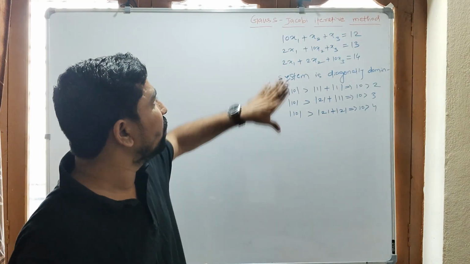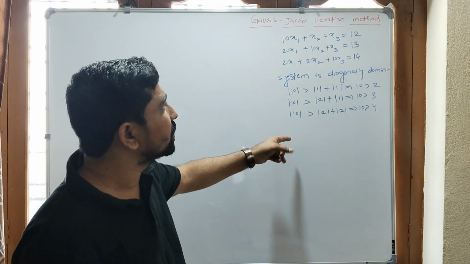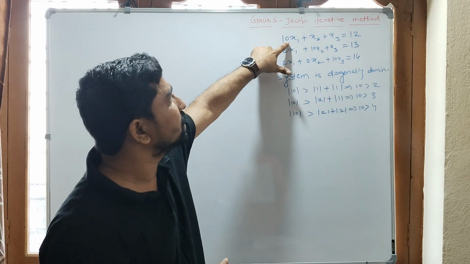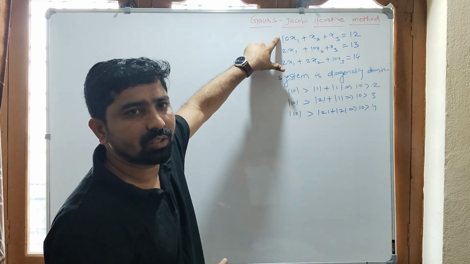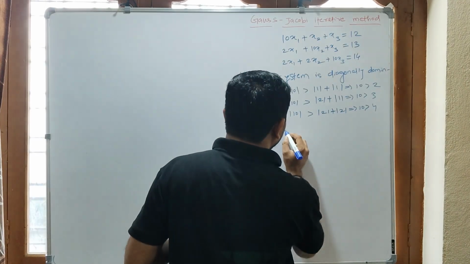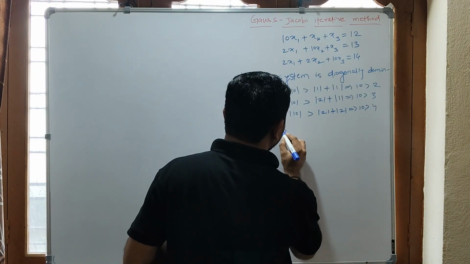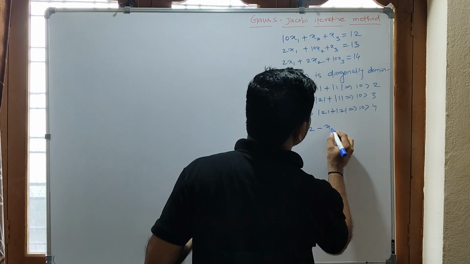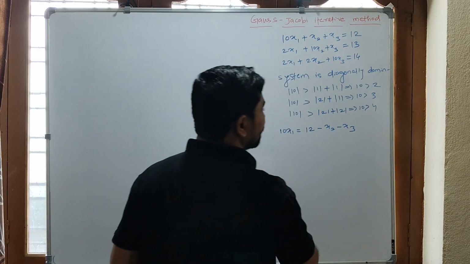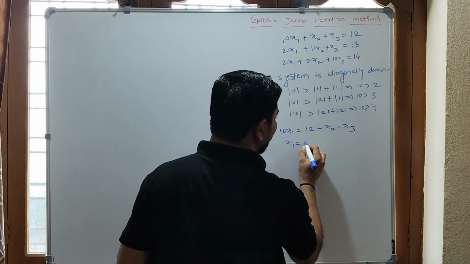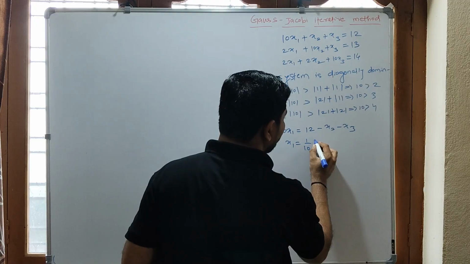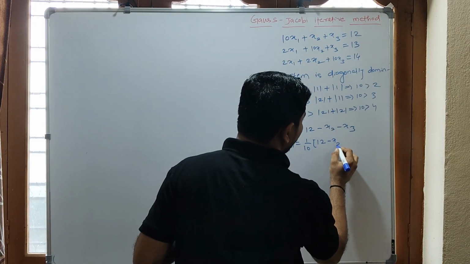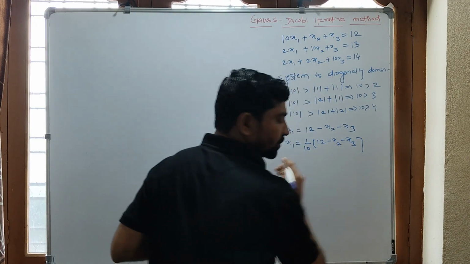Now the second step: we have to rewrite the given system of equations in terms of x1 corresponding to the first equation. Here I will write 10 times x1 equals 12 minus x2 minus x3. So can I write this as x1 equals 1 by 10 times (12 minus x2 minus x3).